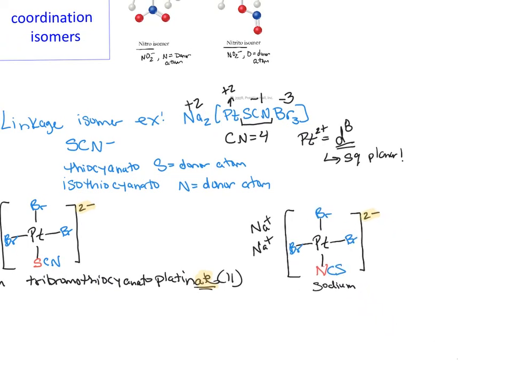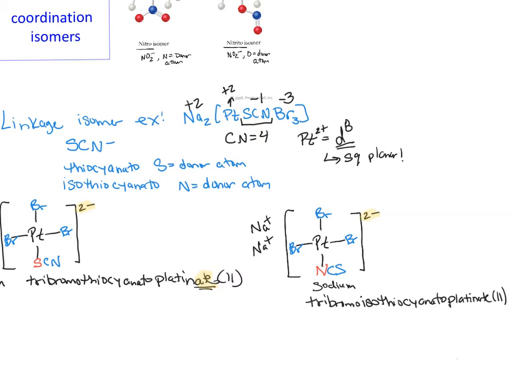So I have tribromo, and this time my N donor atom, which is isothiocyanate. And then platinate(II). So 2 different words: sodium, tribromo, isothiocyanate, platinate(II).